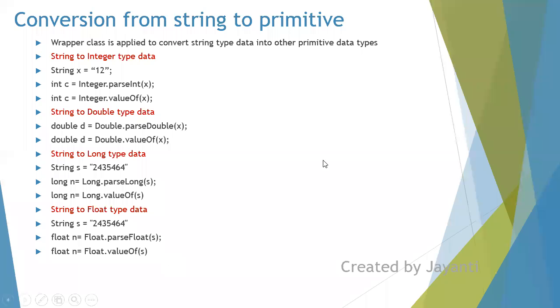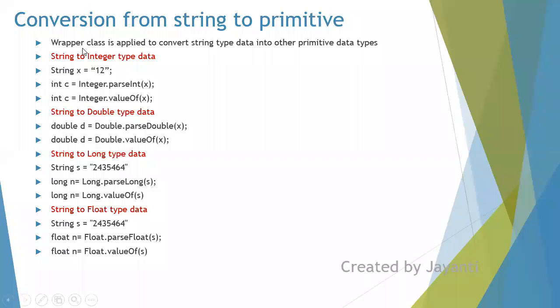Now let us take how to convert a string to integer type data. If I take String x = 12 and int c = Integer.parseInt(x). Now in this Integer wrapper class, I have another function called valueOf. valueOf and parseInt are both doing the same functionality, so there is no other change. This valueOf is a common thing.